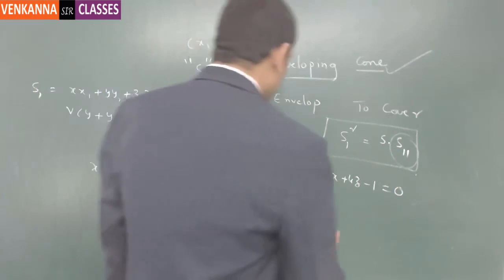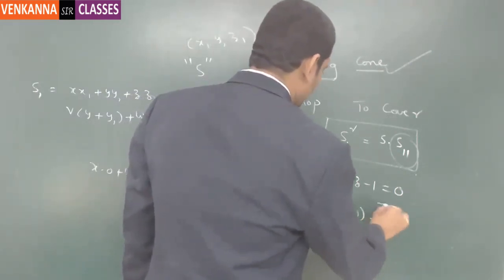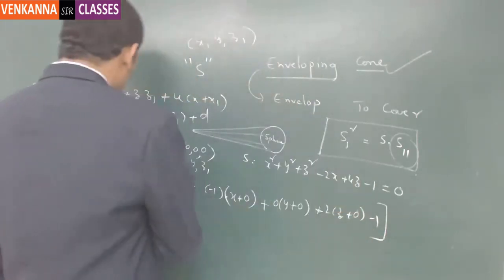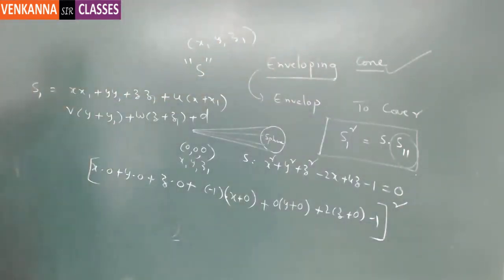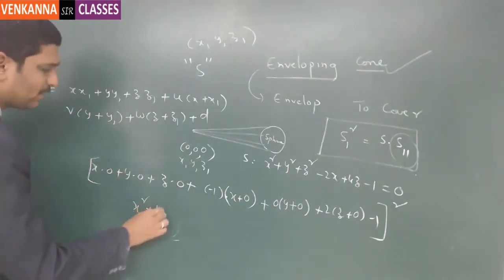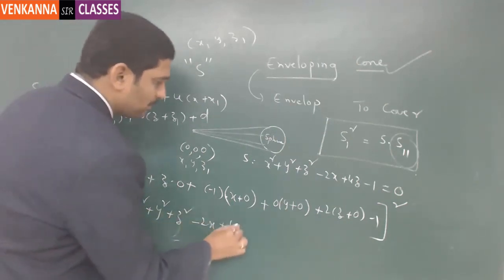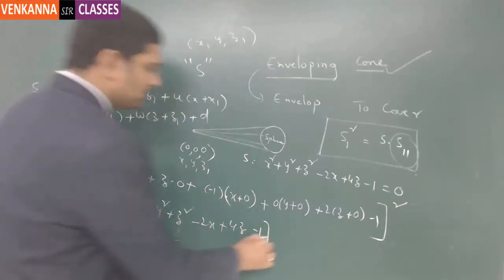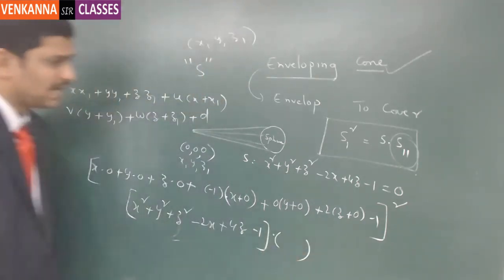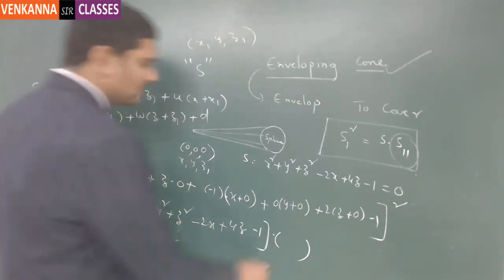And w is 2, so 2 into z plus 0 minus 1. This total value whole square is equal to S, which is x square plus y square plus z square minus 2x plus 4z minus 1 whole, minus 1 into S11. S11 is a number. If you substitute 0, 0, 0 in the sphere equation, you will get minus 1.